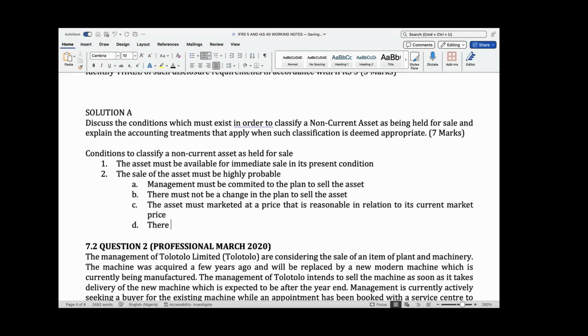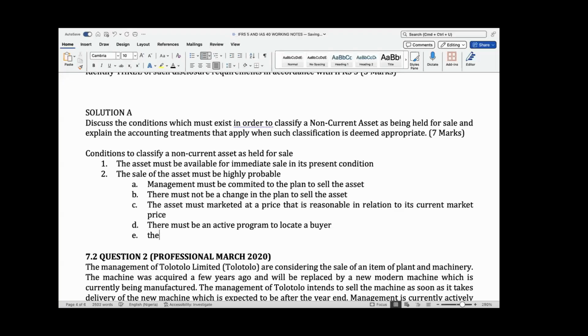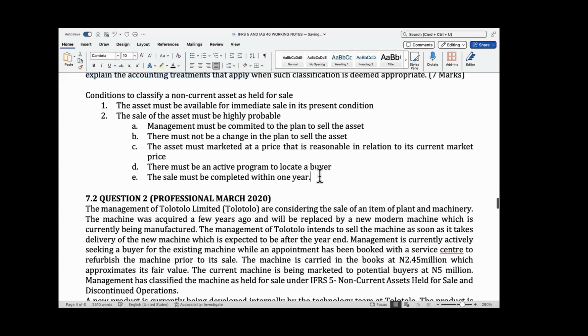Number four, there must be an active program to locate a buyer. Number five, the sale must be completed within 1 year. And explain the accounting treatment.